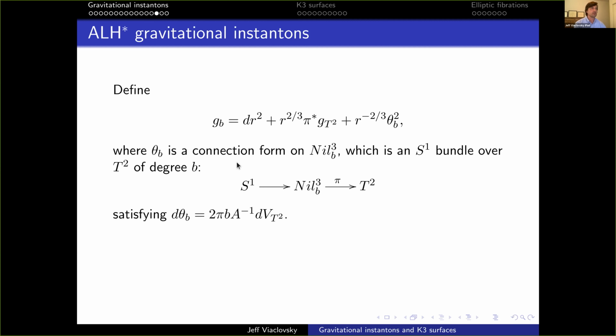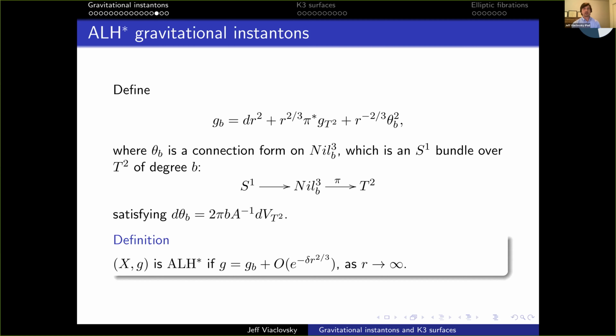Theta b is a connection form on a Heisenberg-Nil manifold, which is an S1 bundle over T2 of degree b. And d of the connection form is 2 pi b times the area inverse times the volume element on T2. Then we say a metric is ALH star if it is this model metric plus, and this turns out to be the correct decay rate, an exponential e to the minus delta times metric distance to the 2/3 power.